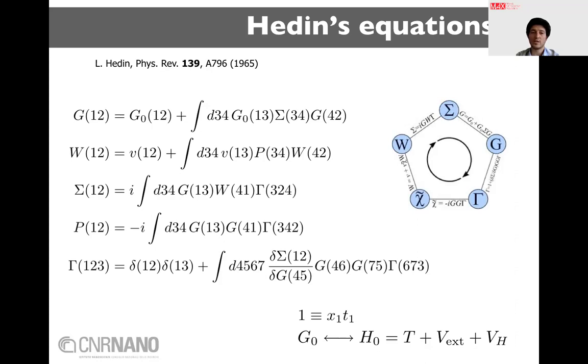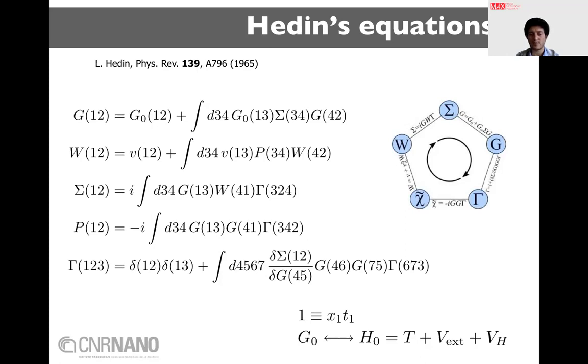W obeys another Dyson equation involving the polarizability. The polarizability is also written in terms of the Green's function and the vertex. And finally, the vertex itself is probably the most complex object in these equations, as a kernel. So it obeys another Dyson-like equation.